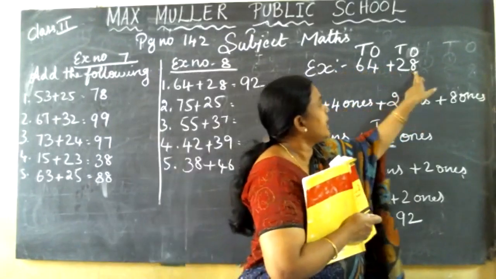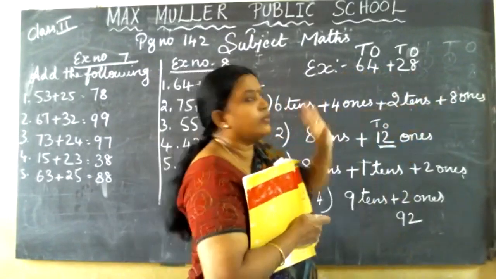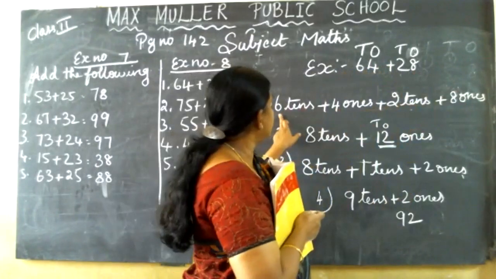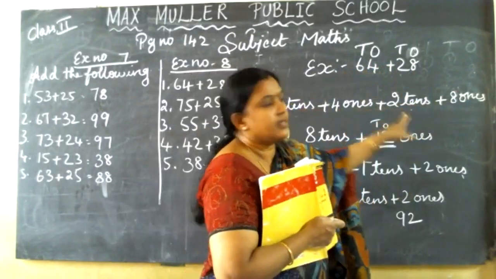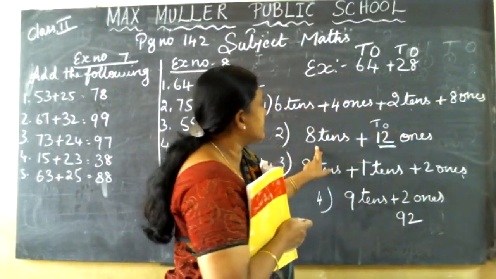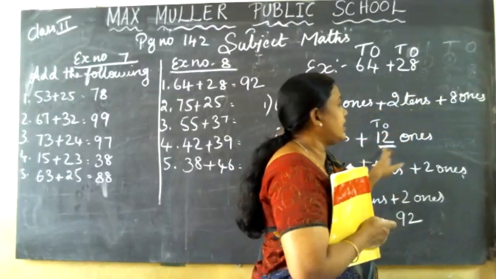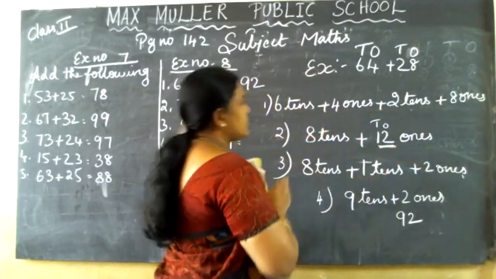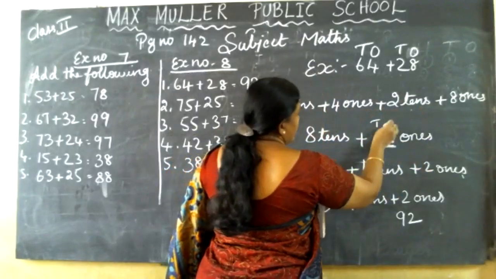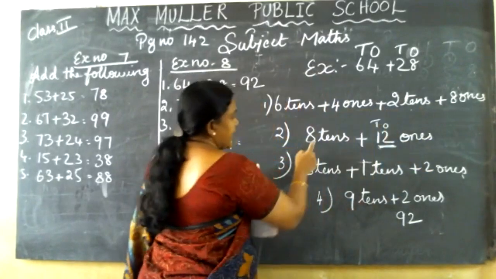2 tens, 8 ones. Now you want to add only tens. Here 6 tens, here 2 tens. 6 plus 2 how much? 8 tens. Now ones place you want to add. 4 plus 8, 12 ones. 12 is a 2-digit number, so we write ones, tens. 8 tens.